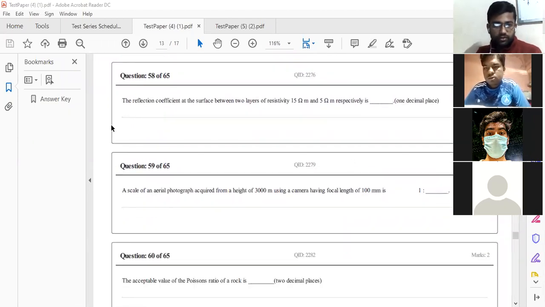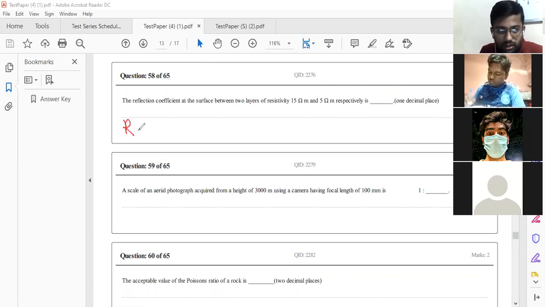Next, reflection coefficient at the surface between two layers of resistivity 15 ohm meter and 5 ohm meter respectively. So, you know the formula. What is the formula for reflection coefficient?